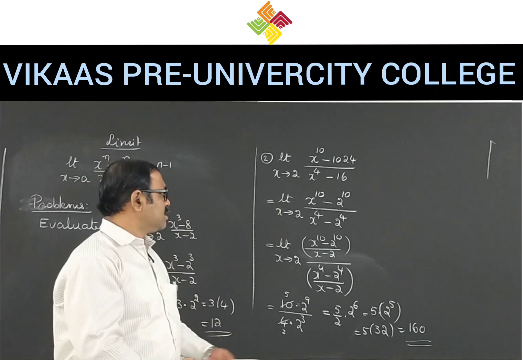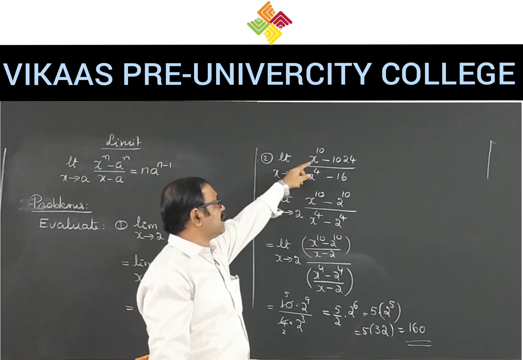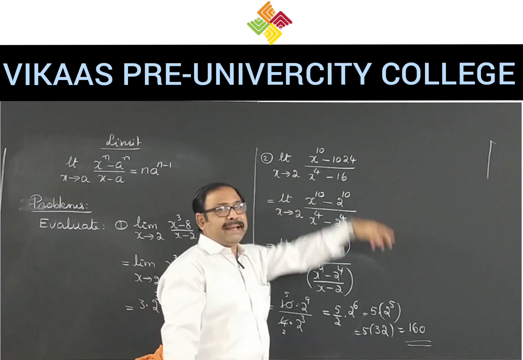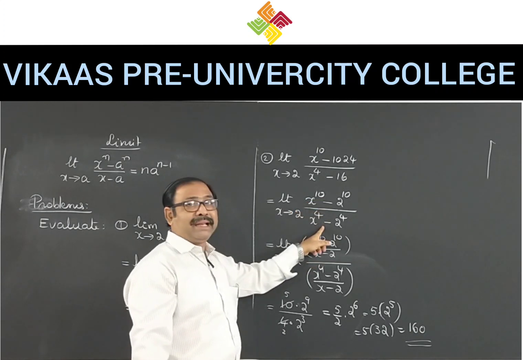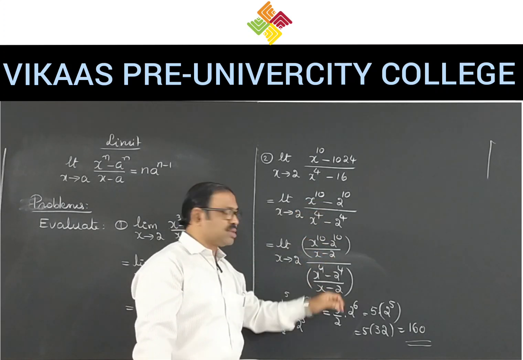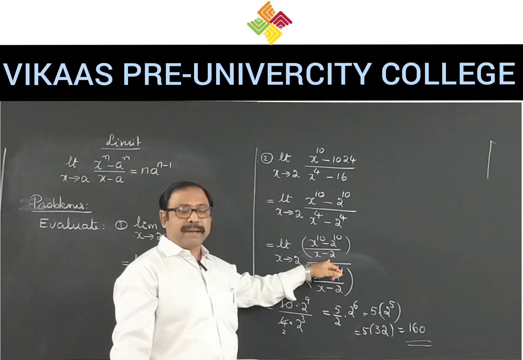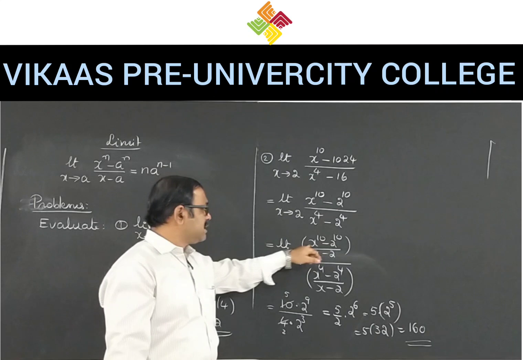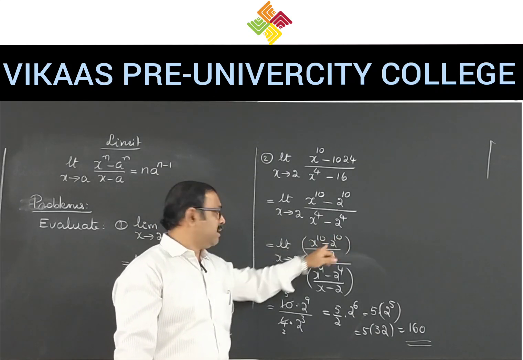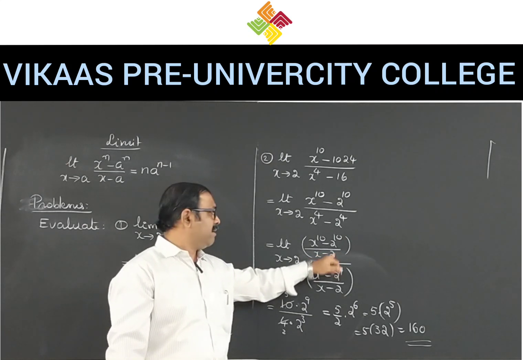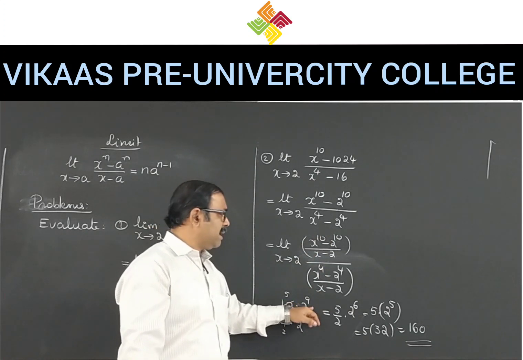Follow this. So how do you continue with the problem? You have to first write this in the form of 2 power 10. After that, you have to divide the numerator and the denominator by x minus 2. Then, this is in the form of x power n minus a power n divided by x minus a: 10 into 2 power 10 minus 1, that is 2 power 9.